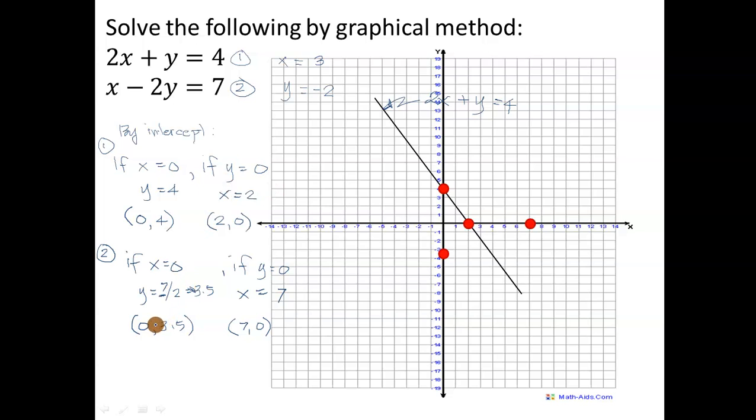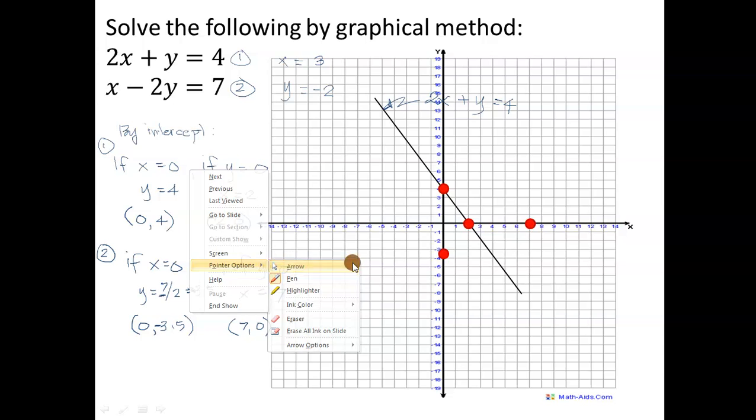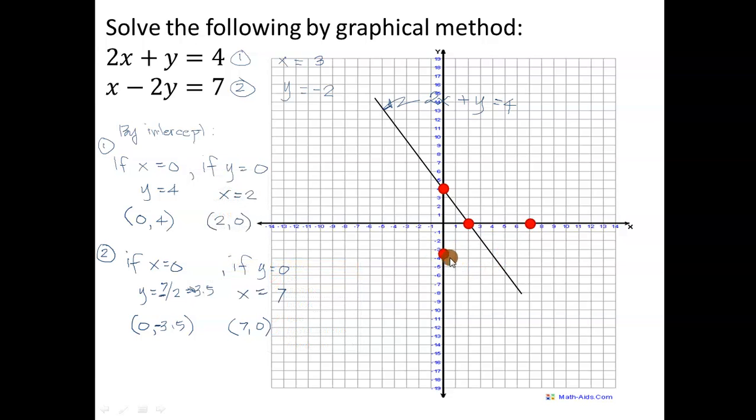So our plot is negative 3.5 for the y and the x, or the abscissa, is equal to 0. So as you can see, this is that point, 0 and negative 3.5, nasa ilalim, negative y-axis. While this one, 7 and 0, is on the positive x-axis, because your abscissa is 7 and your ordinate, or the y coordinate, is equal to 0.